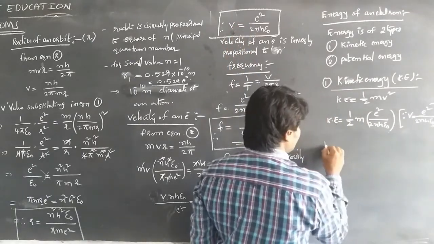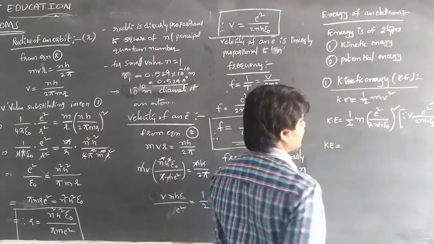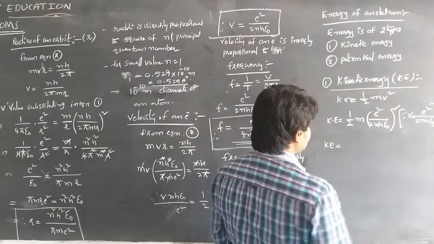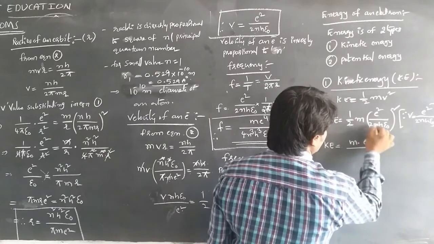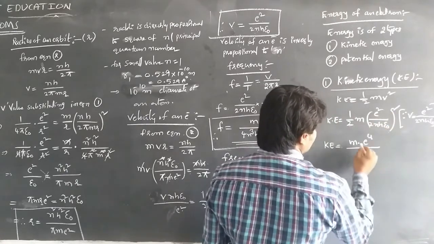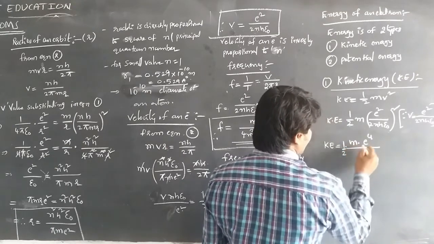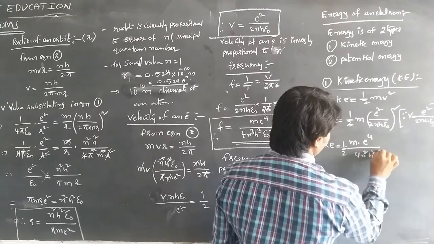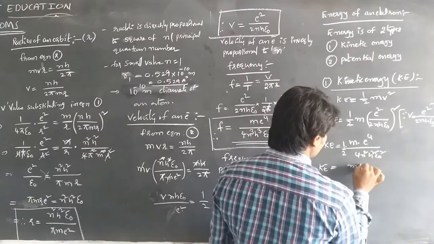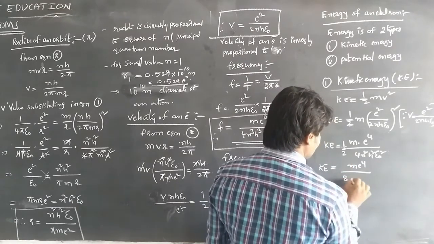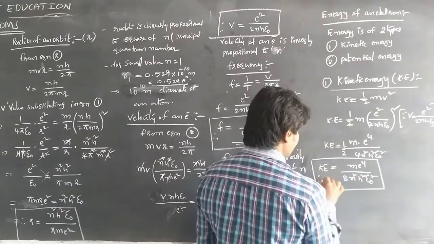Since the square is there, it is calculated inside, and we get m into e power 4 by 2 into 2 to the 4, which is 4, n square h square epsilon naught square. By calculating, we get the kinetic energy equal to m e power 4 by 8 n square h square epsilon naught square. This is the equation for kinetic energy.